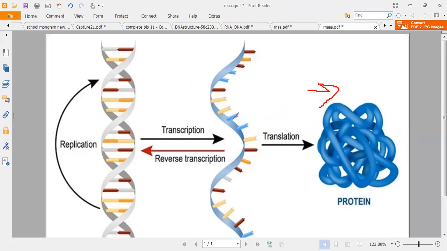So from RNA to protein is called translation. That is actually the protein synthesis process in which RNA is involved. First of all, the process by which the message is transcribed in the form of RNA is called transcription. Then RNA changes into protein, that is called the translation process.